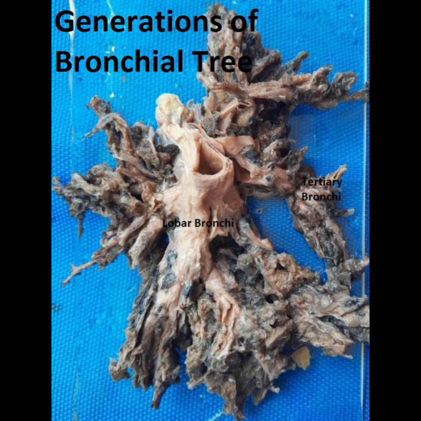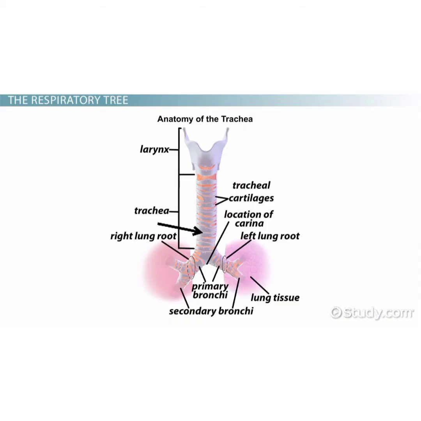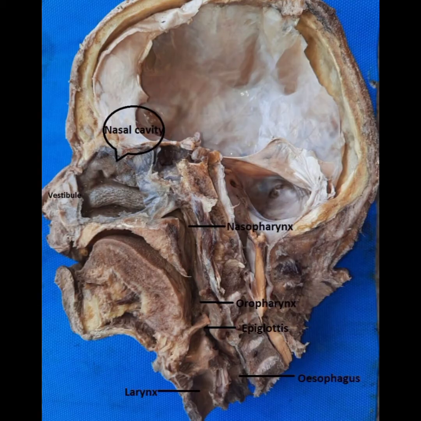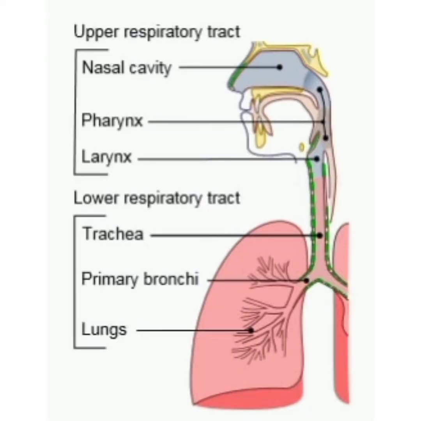Functionally, the respiratory system has two components. The conducting portion consists of the nasal cavities, pharynx, larynx, trachea, bronchi, bronchioles and terminal bronchioles.